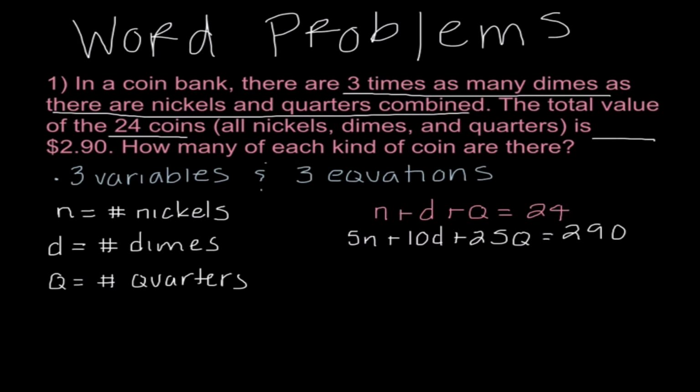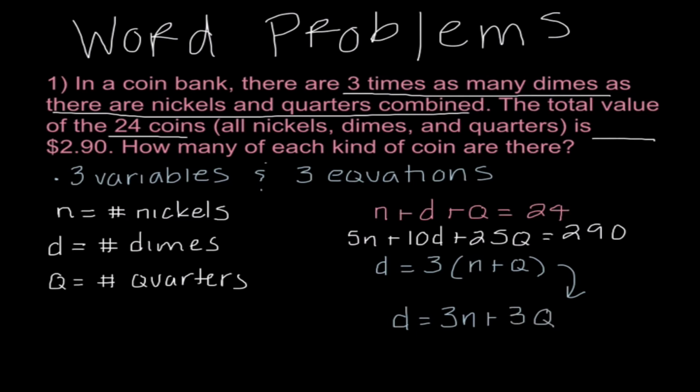My final piece of information is that there are 3 times as many dimes as there are nickels and quarters combined. So that's telling me that the number of dimes, D, is equal to 3 times N plus Q. Or I could also think of this as D is equal to 3N plus 3Q.